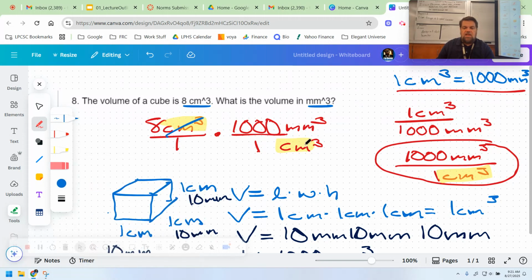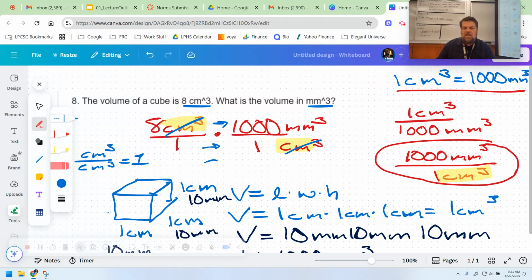So centimeters cubed divided by centimeters cubed, we'll write that over here as a side note, just reduces down to 1, right? Anything divided by itself is 1. And then my answer is just going to be, we're going to multiply the top across the top and the bottom across the bottom.